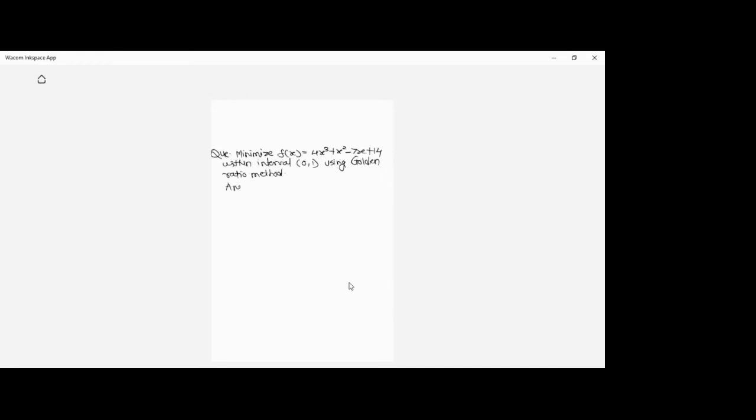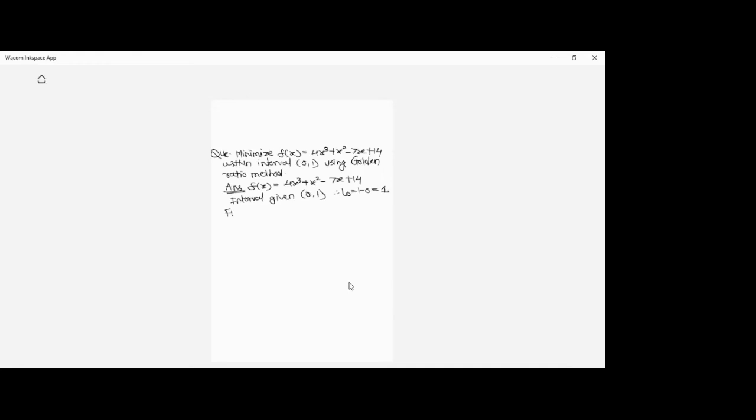So here what we have initially is f(x) = 4x^3 + x^2 - 7x + 14, and the interval given is 0 comma 1. So what will be the value of L0? Therefore L0 = 1 - 0 = 1.